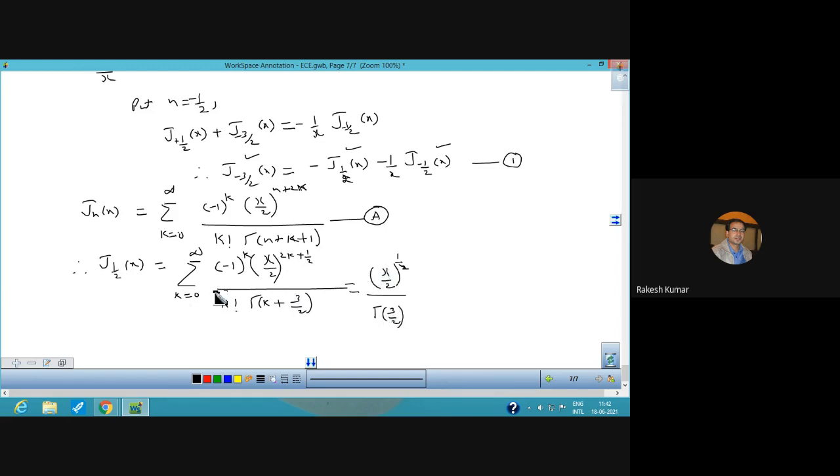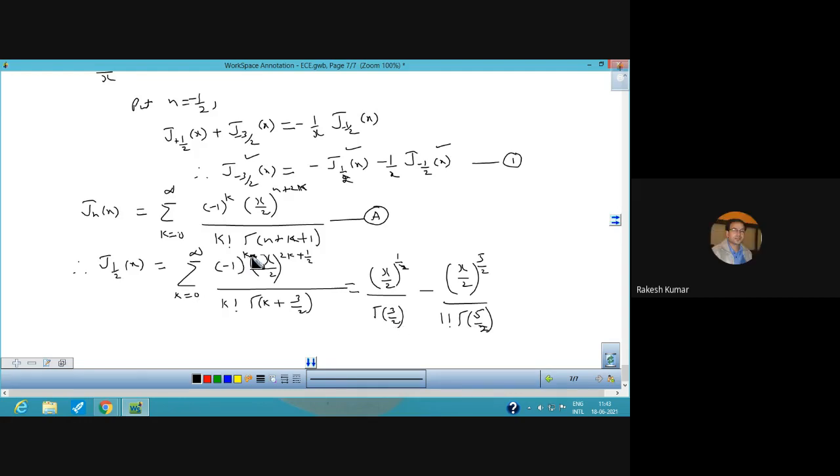And for k is equal to 1, you will have a negative value here, and you will get x over 2 raised to power 2 plus 1 by 2, that is 5 by 2, and divide by 1 factorial gamma 5 by 2.